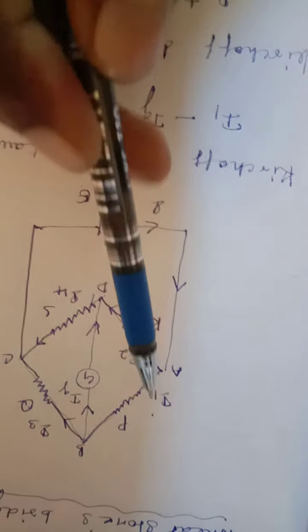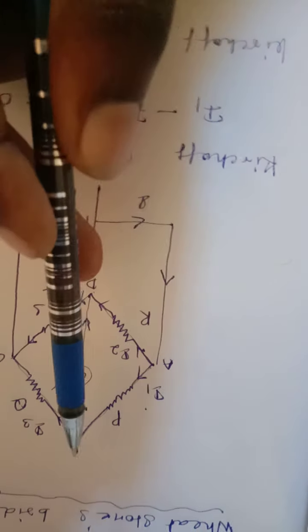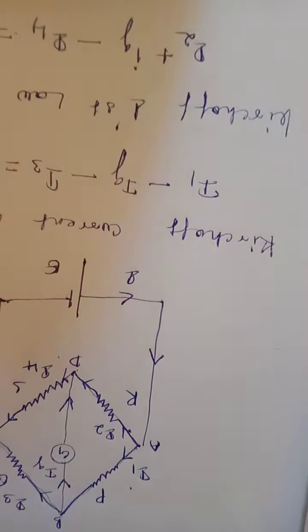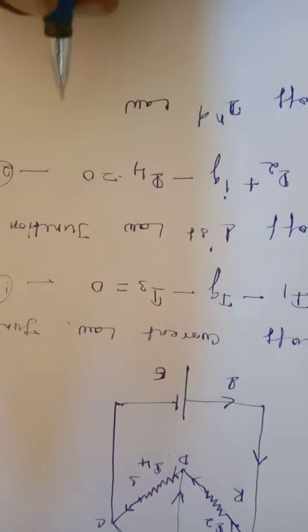Here, consider the closed path A, B, D, A, and apply Kirchhoff's second law.